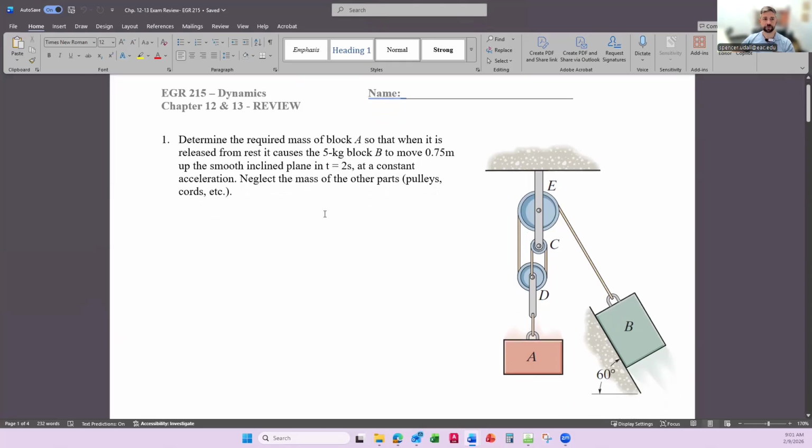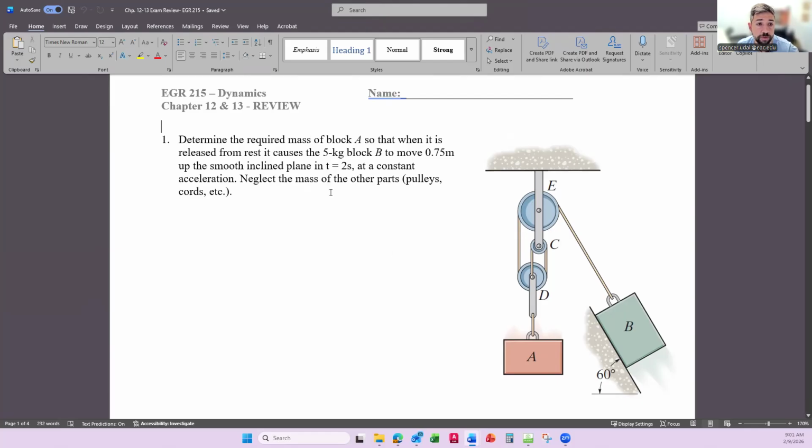So let's try out this first one where we've got a block B pulling up on block A. We know their masses, and it wants us to find the required mass. Actually, we don't know their masses.